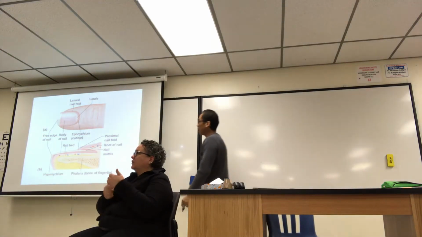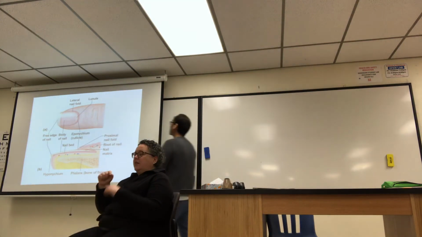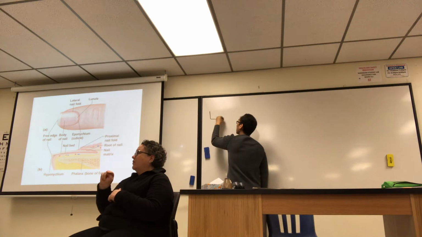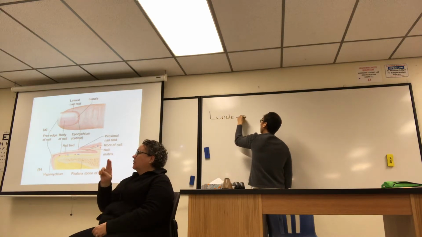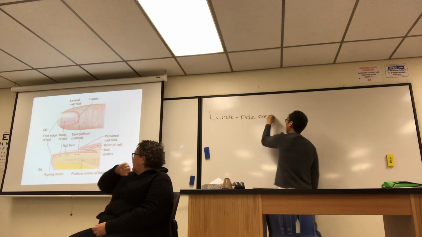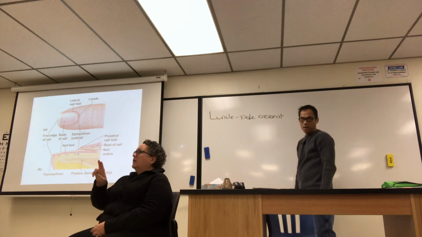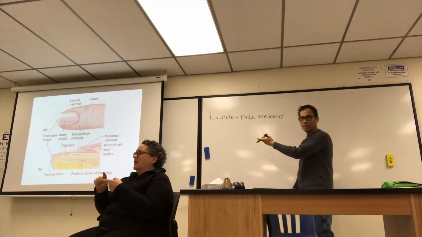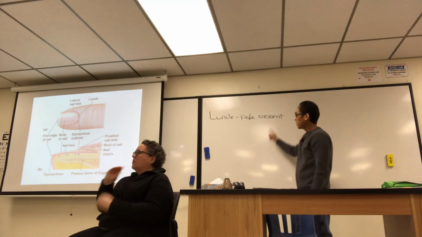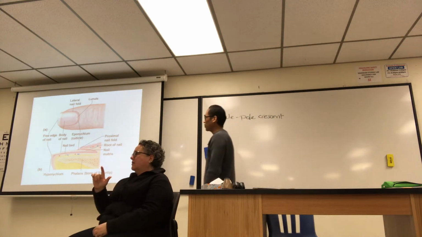And there's a little pale crescent at the base of the nail called the lunule. Pale crescent. There's less blood vessels there, so it's more pale than the rest of the nail. Okay. That's the term. Pale crescent, lunule, looks like a half moon.